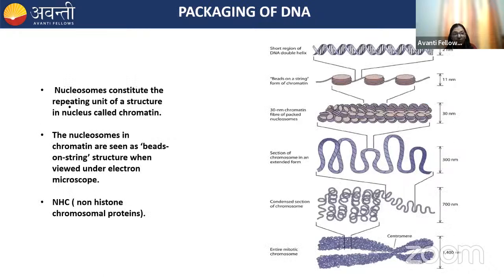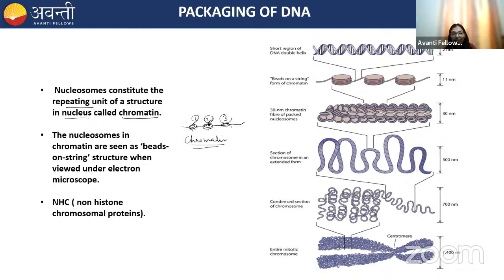And these nucleosomes constitute the repeating unit of structure in a nucleus called chromatin. These are the nucleosomes: there's nucleosome 1, 2, and 3. The entire structure is known as chromatin.